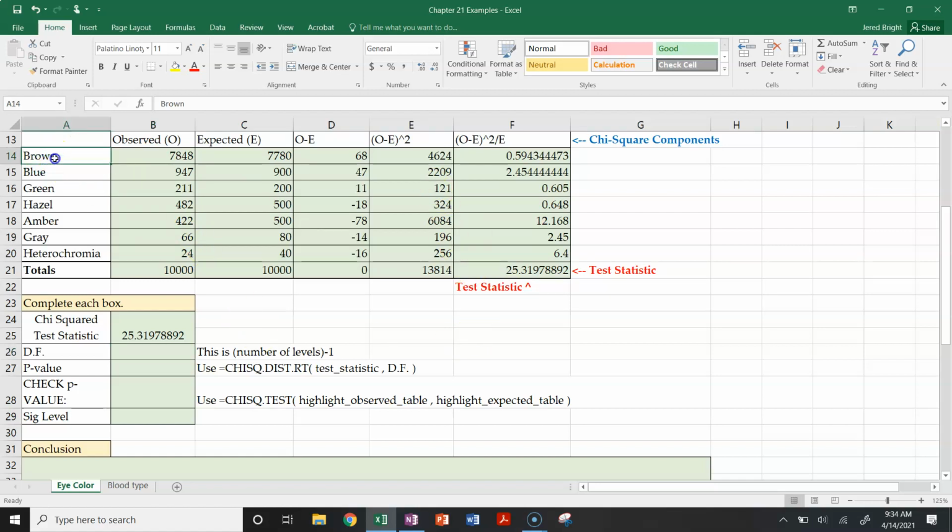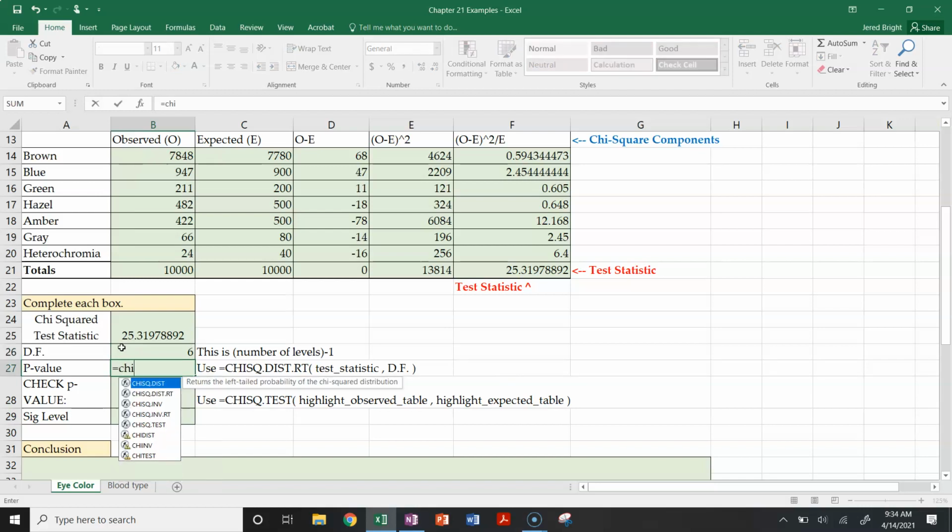The levels of eye color are brown, blue, and so on, so there are 1, 2, 3, 4, 5, 6, 7 levels. That means my degrees of freedom is 7 minus 1, which is 6. And then for the p-value, I'm going to do chi-sq.dist.rt. The x here is our test statistic, and degrees of freedom 6.